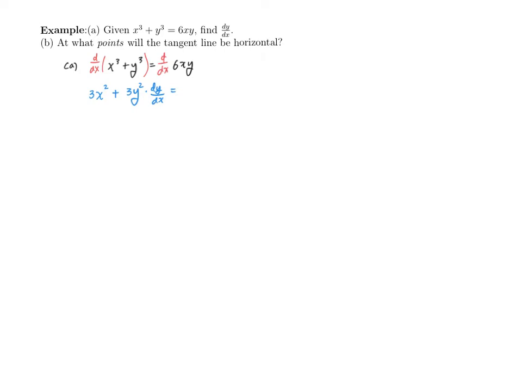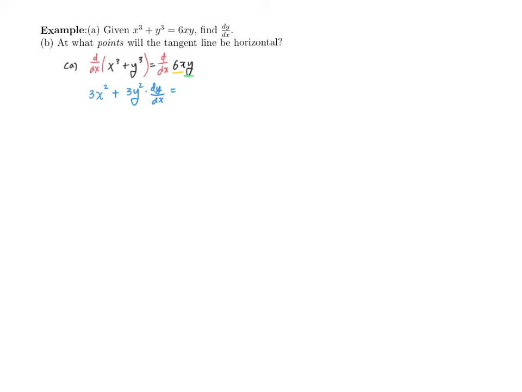Hopefully at this point you've paused the video, you've gone through a few computations. So on the right, if we continue on, when we differentiate 6xy with respect to x, what I want to note is that it's really a product rule. You have one function, 6x, multiplied by a second function, y.